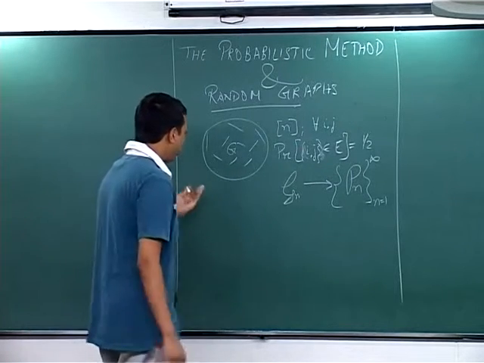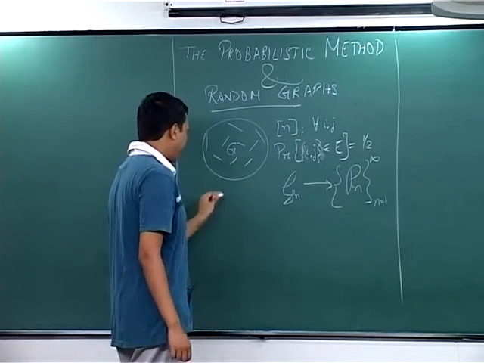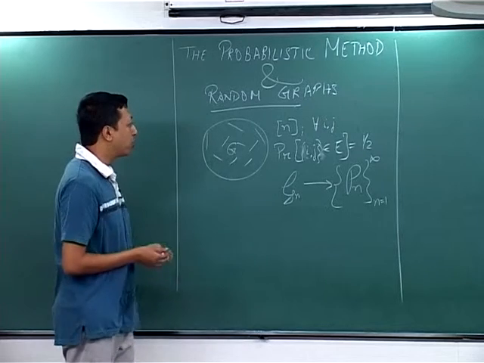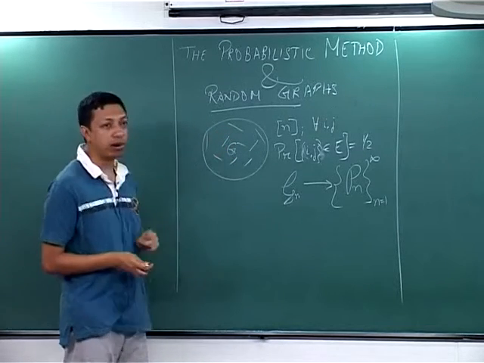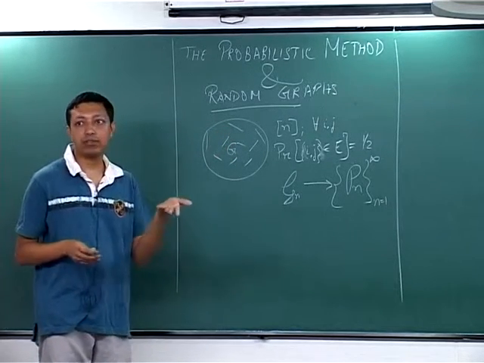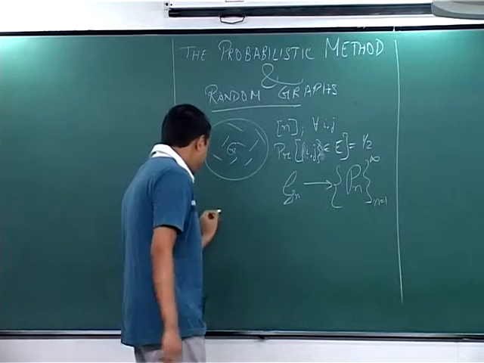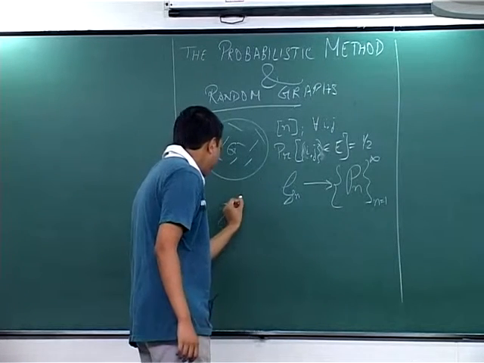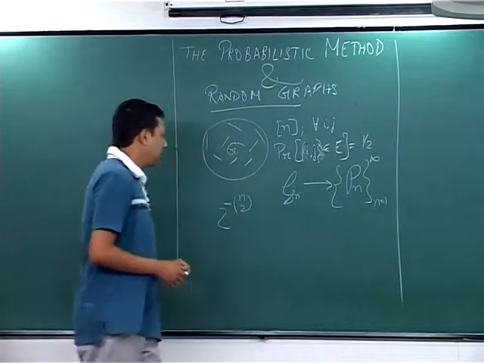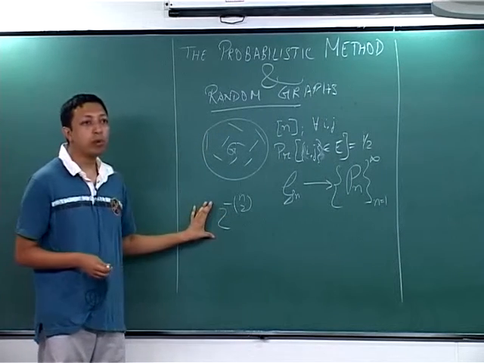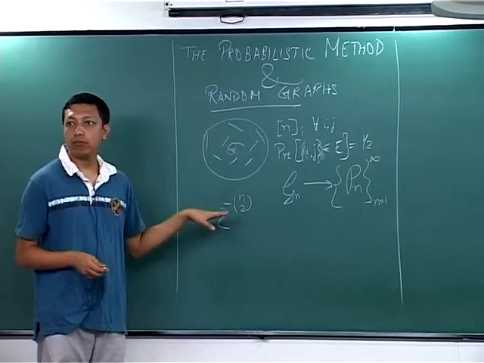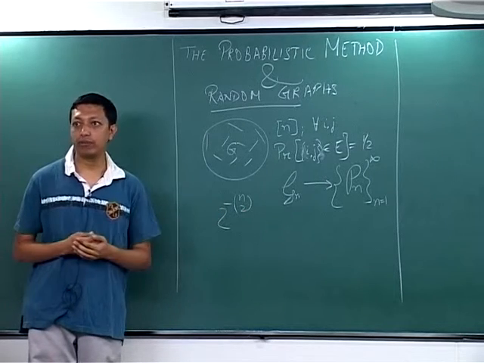So when you draw this random graph, what is the probability that any fixed graph comes out? It's the same for every graph, right? This is the probability that any fixed graph will appear in your random graph.